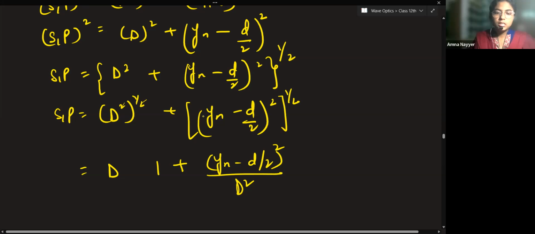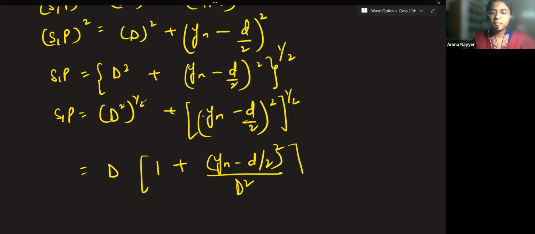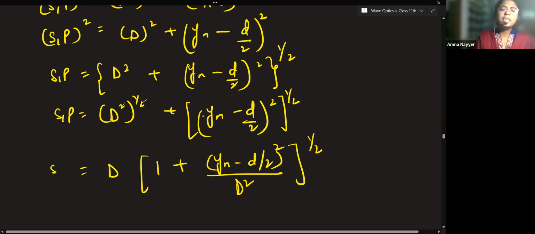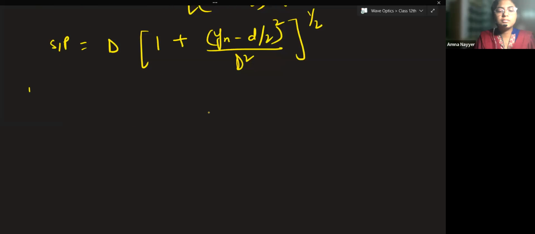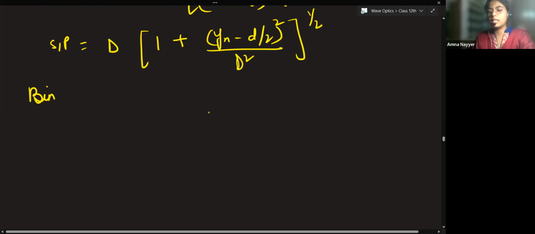So this term is to the power half. Now, why did I intentionally make it so complicated? Why did I take capital D common? Because I wanted to obtain 1 plus something to the power n. Now see, if you have studied binomial expressions, you must have studied in the case of binomial expansion.